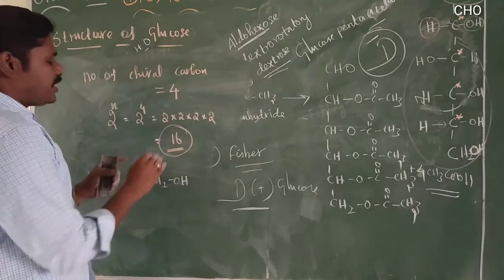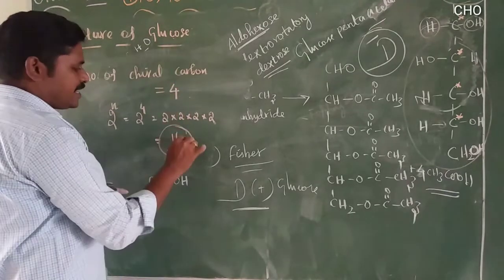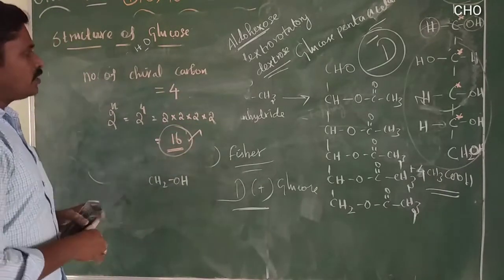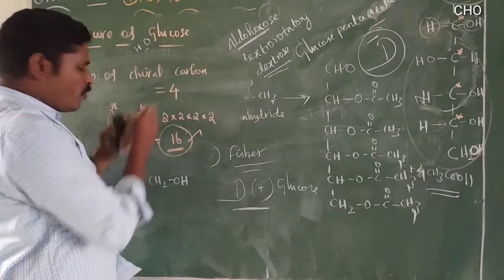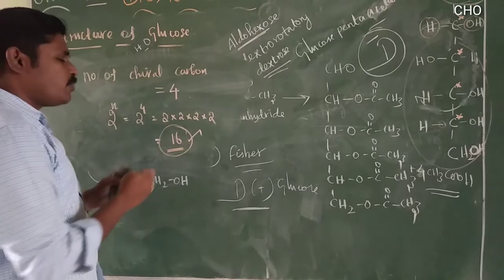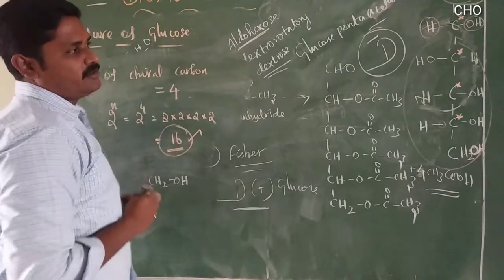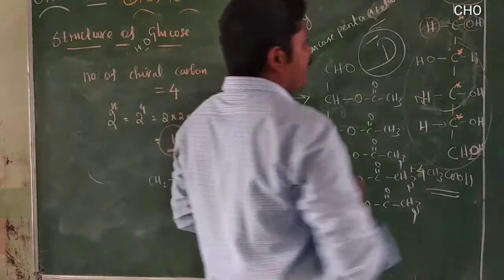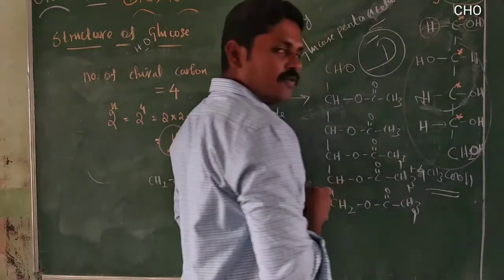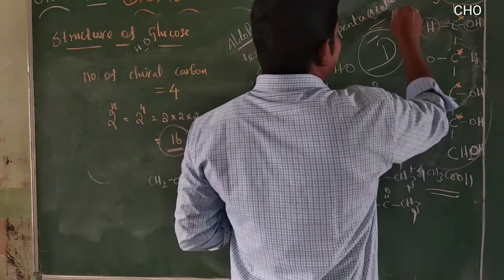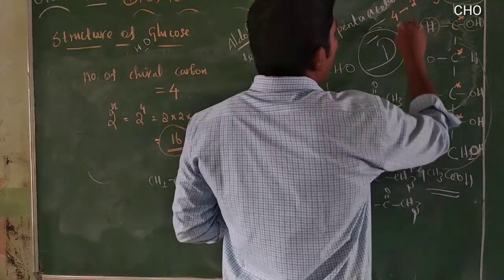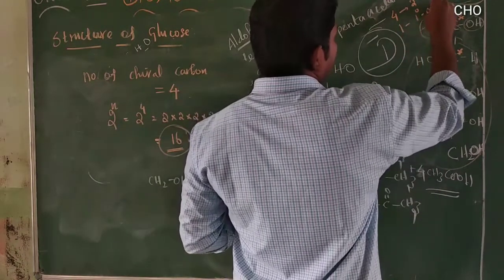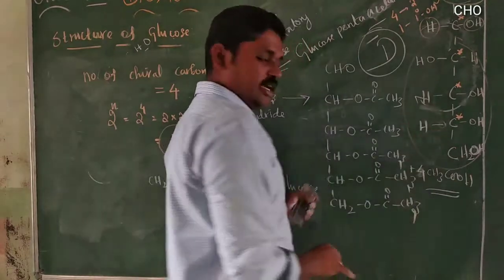So 4 chiral carbons, possible optical isomers 16. The functional group is the aldehyde group. 4 secondary alcohols and 1 primary alcohol are present in the glucose structure.